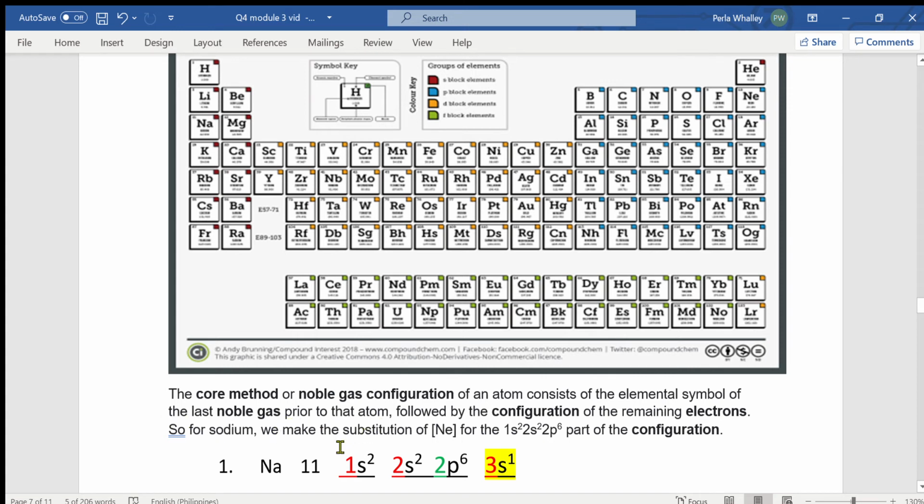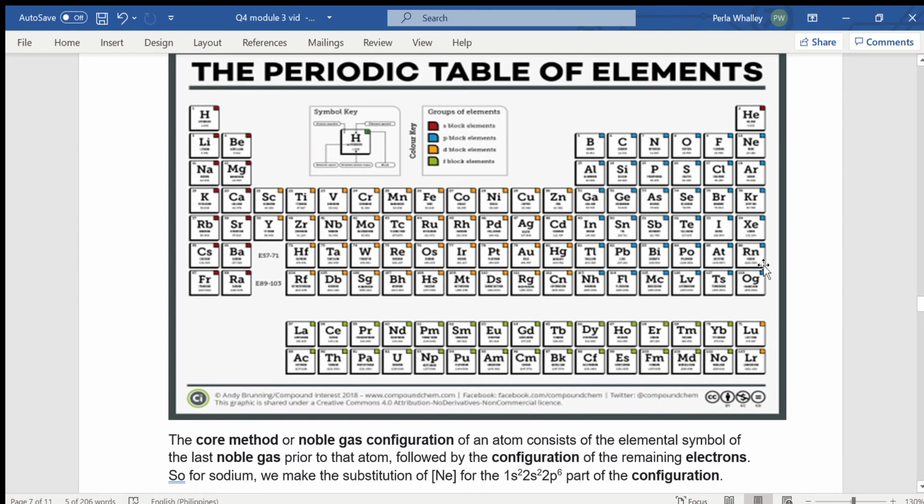So for sodium, let's start with sodium. Sodium belongs to period 3. The last noble gas prior to it is neon, which is in period 2.